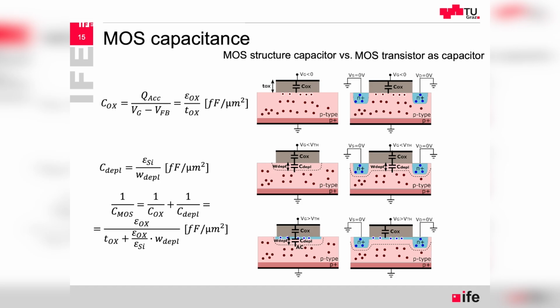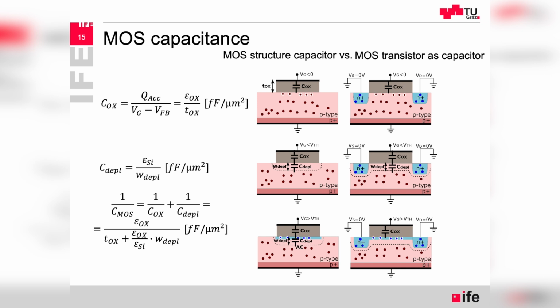When we create the depletion region by increasing the gate voltage, we have the series connection of gate oxide capacitance and depletion capacitance, looking from the point of view of the gate. And then as we further increase the gate voltage and we have the inversion under the gate, then still for the MOS capacitor, we have this series connection of oxide capacitance and depletion capacitance.